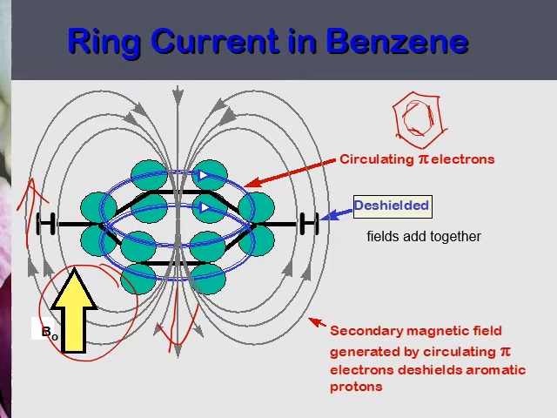And this has a shielding effect for the hydrogens inside the molecule, but a deshielding effect on the hydrogens outside the molecule. And this is called the anisotropic effect. So for the hydrogens outside the molecule, it's like electronegative atoms attached to the molecule. The chemical shift goes towards the left side or downfield side.